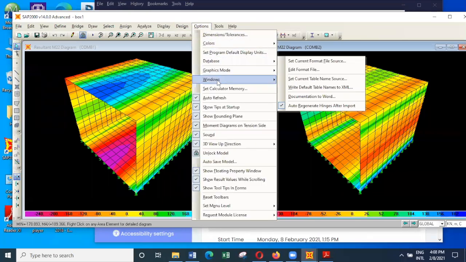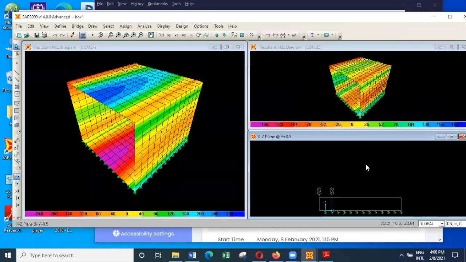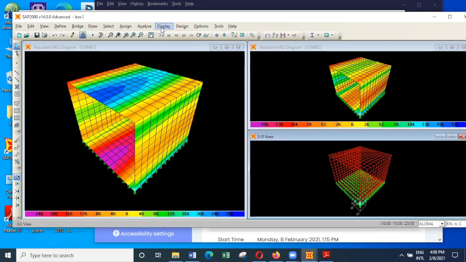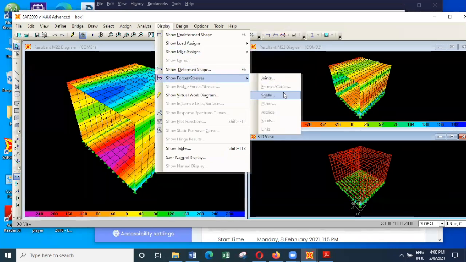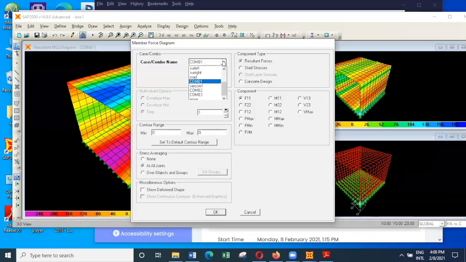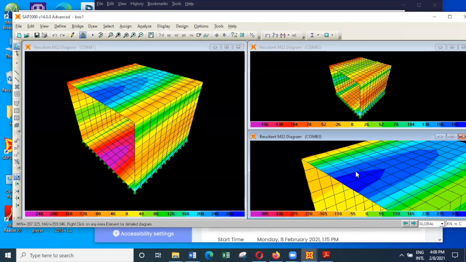Then you will go for the third window and display combination 3, and again you'll get a higher effect in the top slab. Here you can see it will get a higher effect.